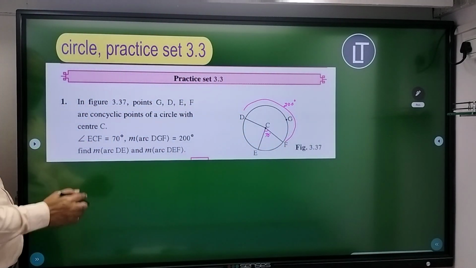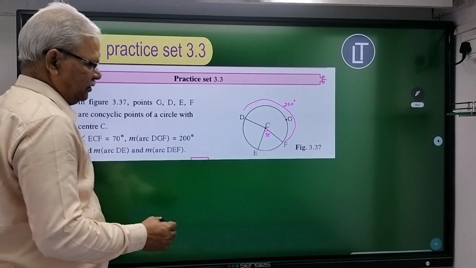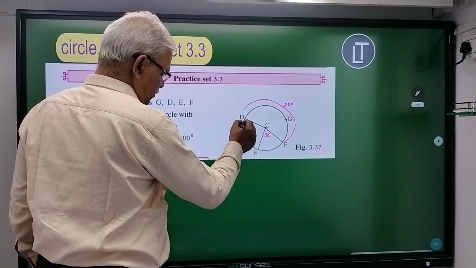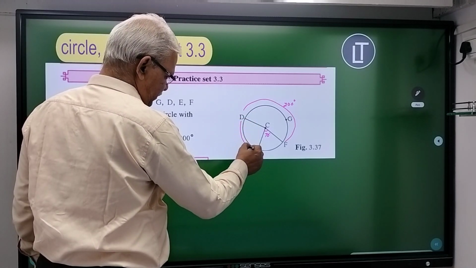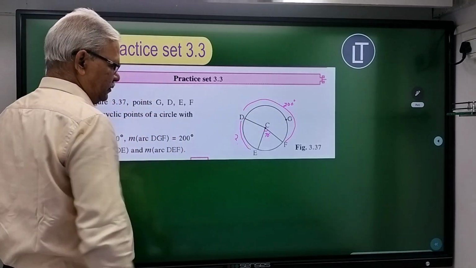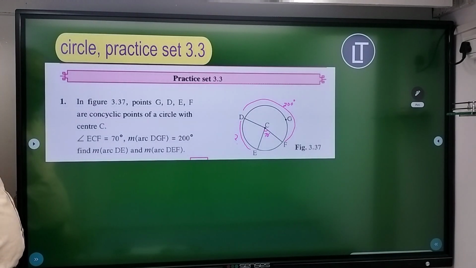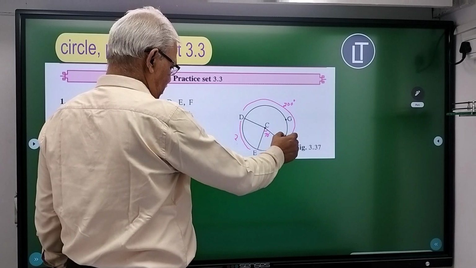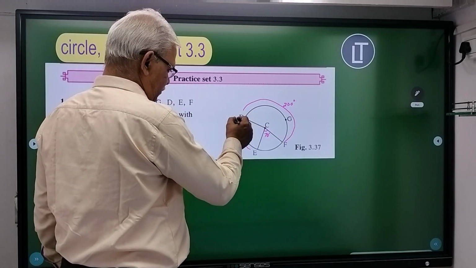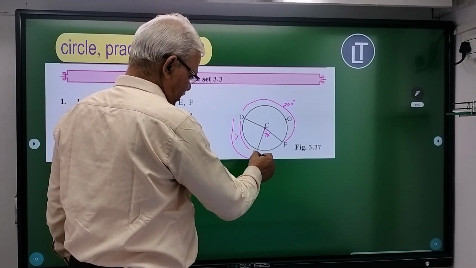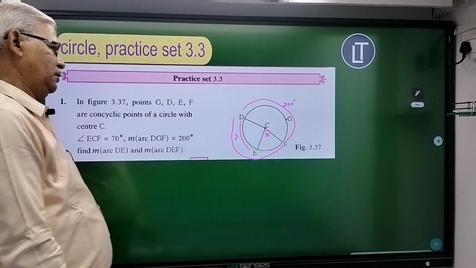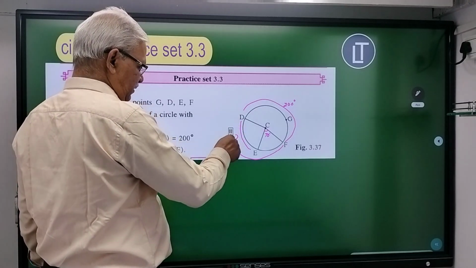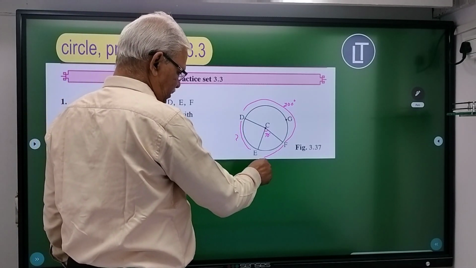Okay. Find measure of arc EF. This arc is asked. And measure of arc DEF, this one, the bigger one. Then first we will start from the things which are given.